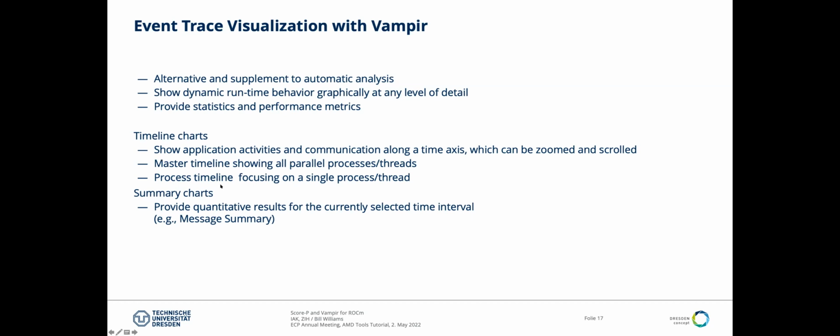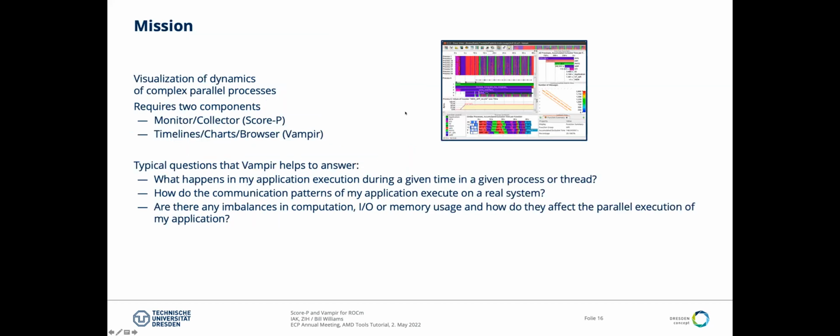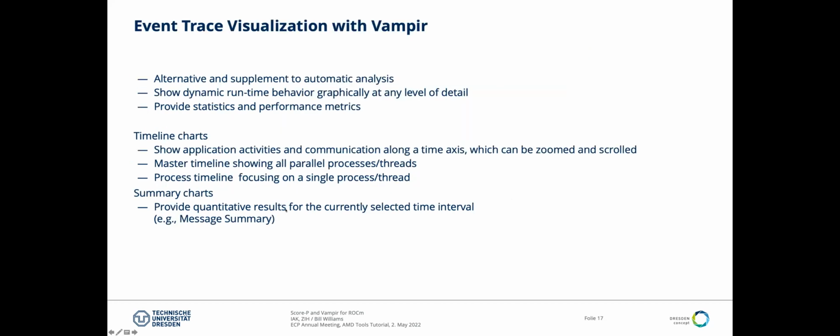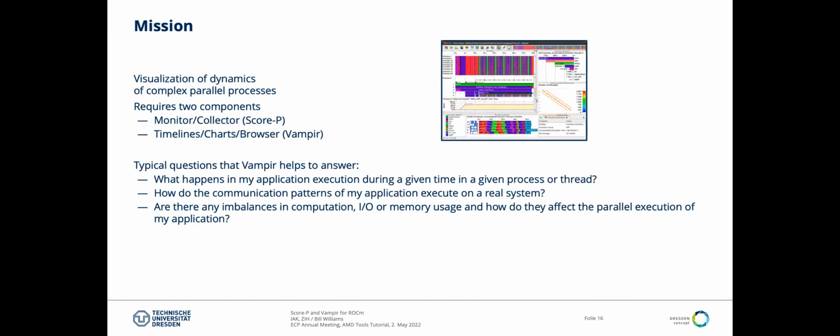There's the master timeline and process timeline that are important charts there, which we can see in these top two windows on the left. And then we have summary charts that will provide quantitative, profile-like results for the currently selected time interval.